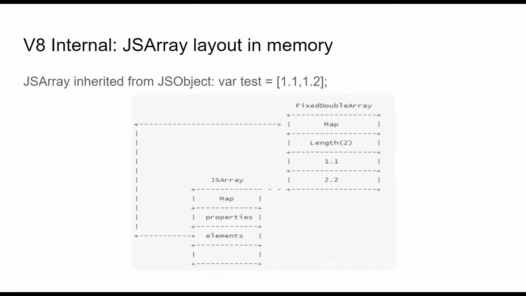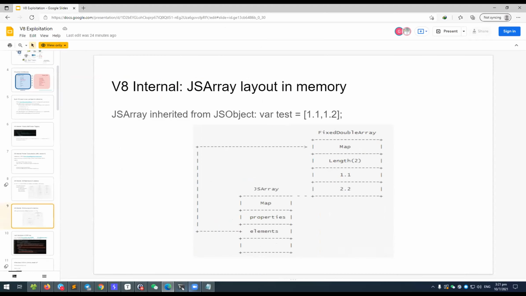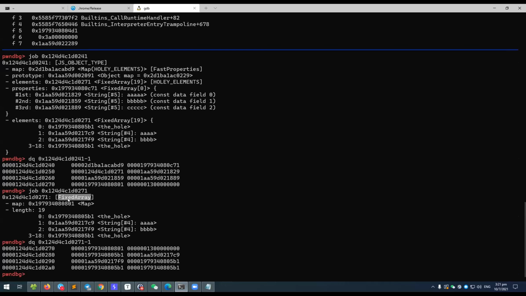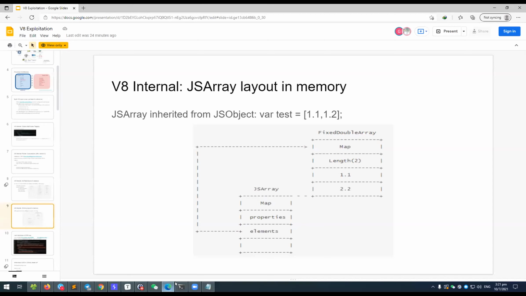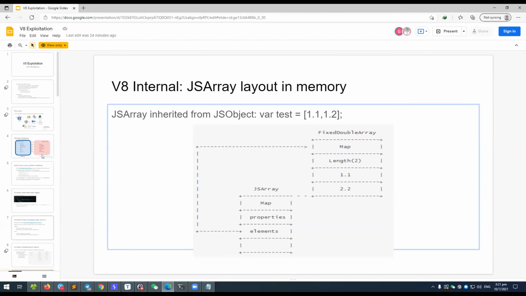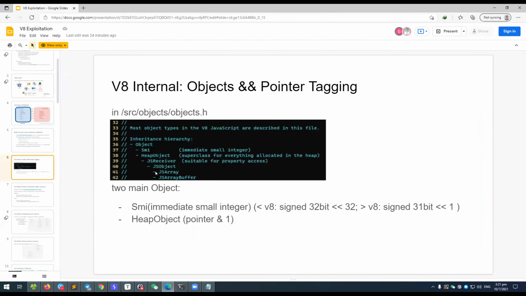Okay, I see. So just now we saw that the elements is a fixed array. So I'm going to examine what on earth a fixed array is. If you refer to the script here, the JSArray also inherits from the JSObject, which we covered just now.